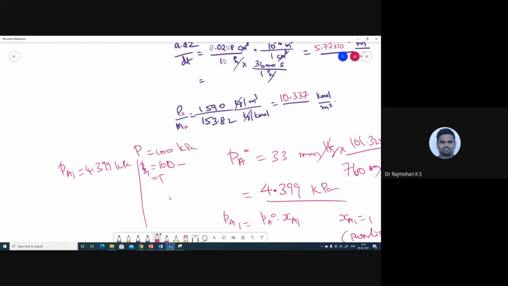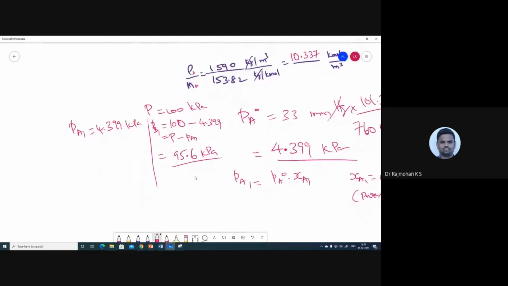Therefore PB1 is P total minus PA1, which is 100 minus 4.399. How much? 100 minus 4.6. How much? 95.6 kilopascal, right? Similarly, we know that PA2 is 0.